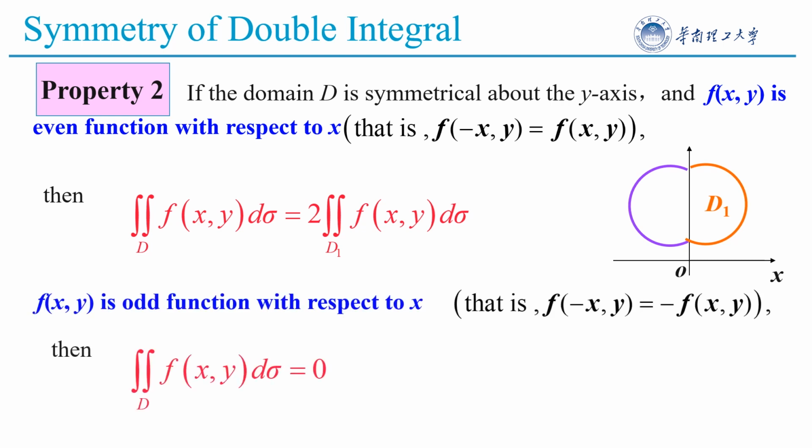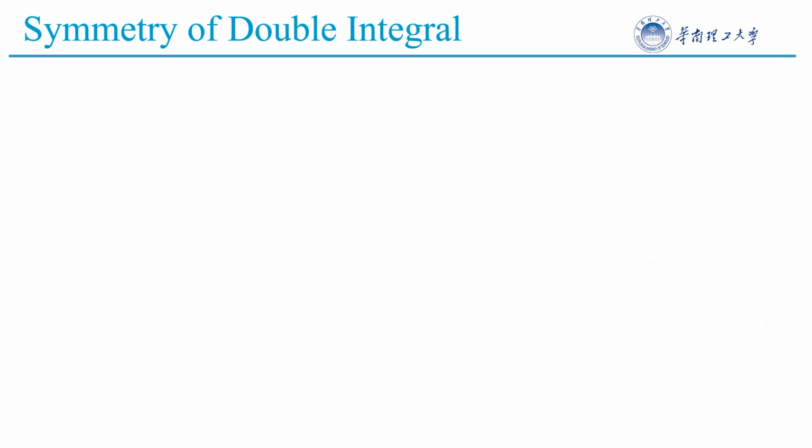If f(x,y) is an odd function with respect to x, that is, f(-x,y) is equal to the negative of f(x,y), then the double integral of f(x,y) on region D is equal to 0.